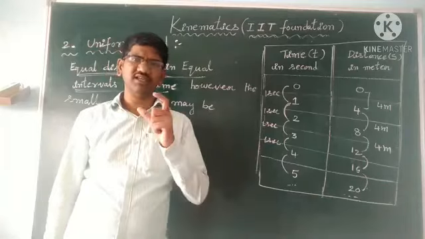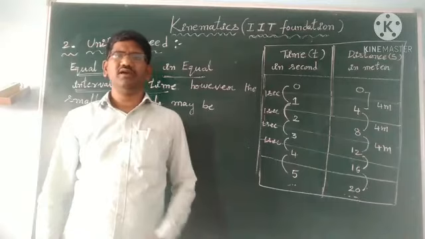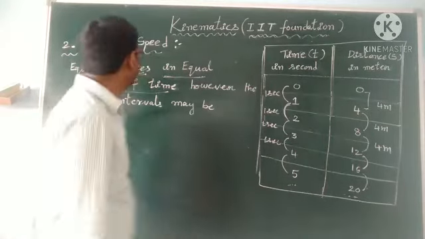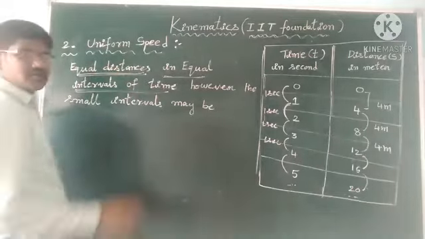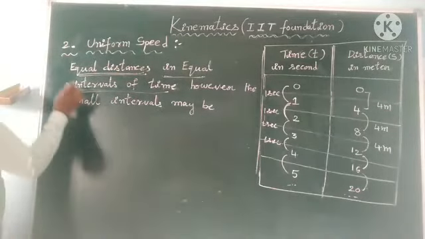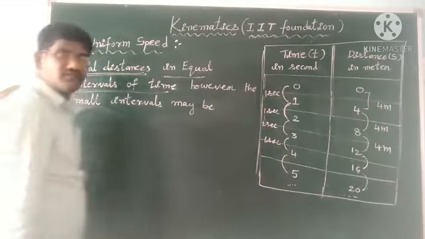So he is covering equal distances in equal intervals of time, then he is said to be moving with uniform speed. So that is the definition of uniform speed.